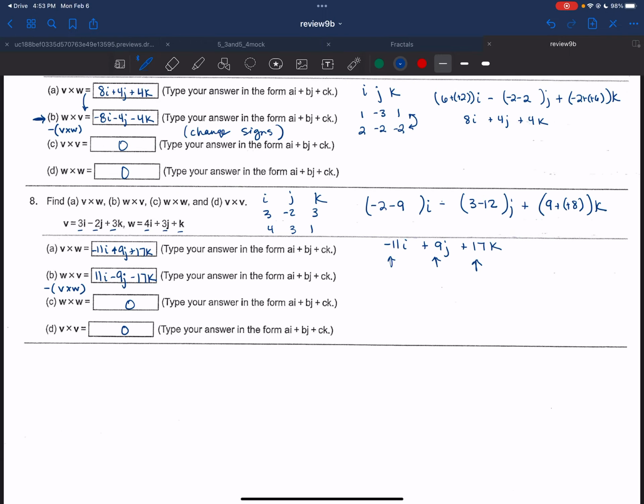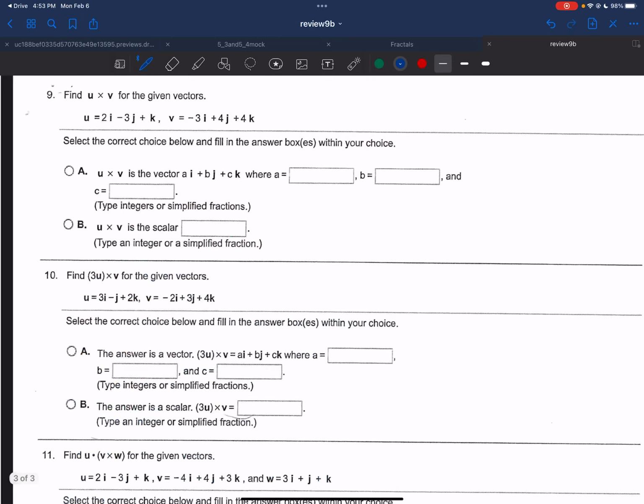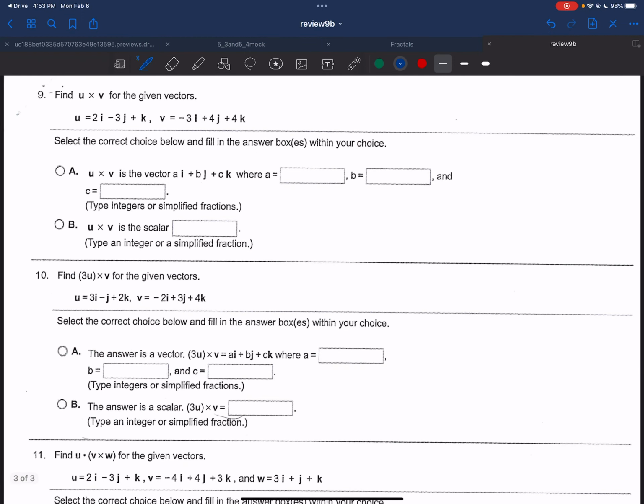We're getting close. All right, number 9. U cross V for the given vectors. Okay, so we have to determine if it's a vector or scalar. If it's a vector, our answer is going to be in i hat plus whatever j plus whatever k.